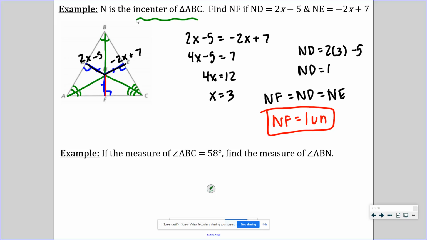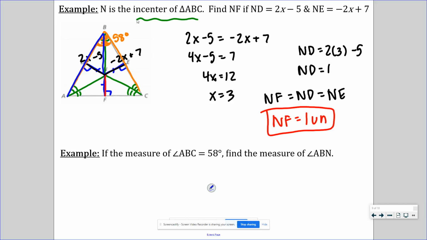Last one here says if the measure of angle ABC is 58 degrees, find the measure of angle ABN. All right. So ABC, we're talking about this one. We know that entire angle is 58 degrees. So what would the measure of angle ABN be?